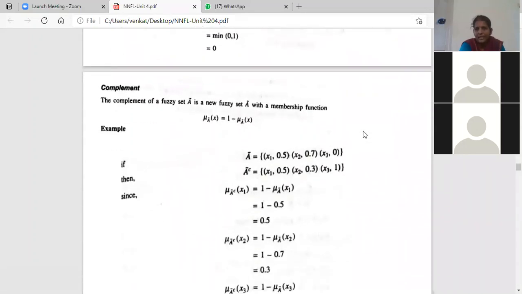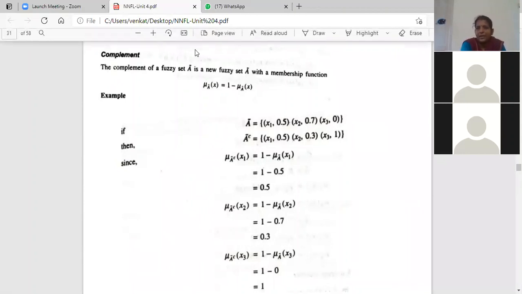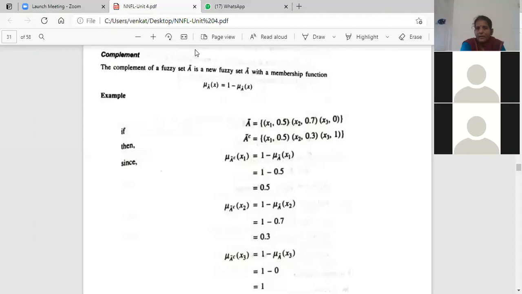Complement of the fuzzy set A. For calculating the complement of a fuzzy set A, you are using the formula 1 minus mu A of x.